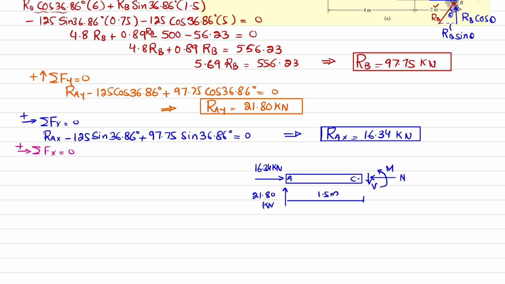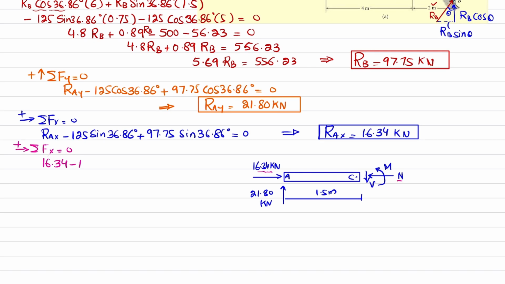So 16.34 is toward positive minus this N is negative. Their sum must be equal to 0. So from this we will get N will be equal to 16.34 kilonewton.